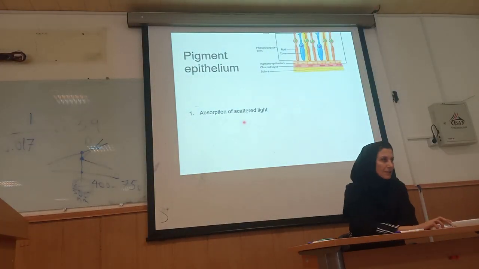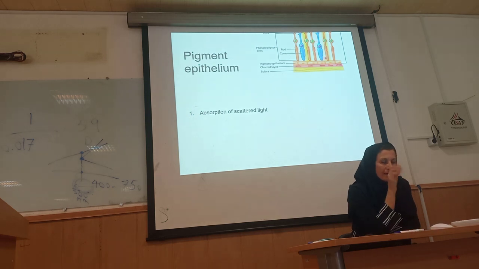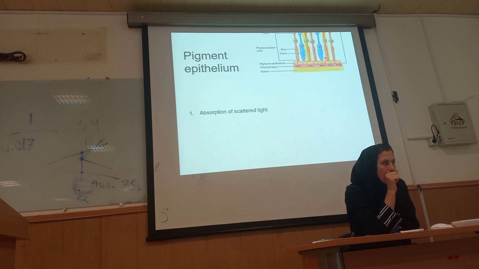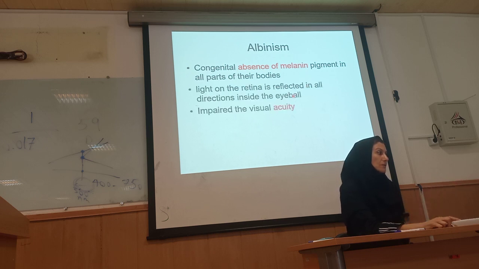Scattered light, because if there are some light rays that reach to the retina, as I said, this is congenital absence of melanin in all parts of your body.